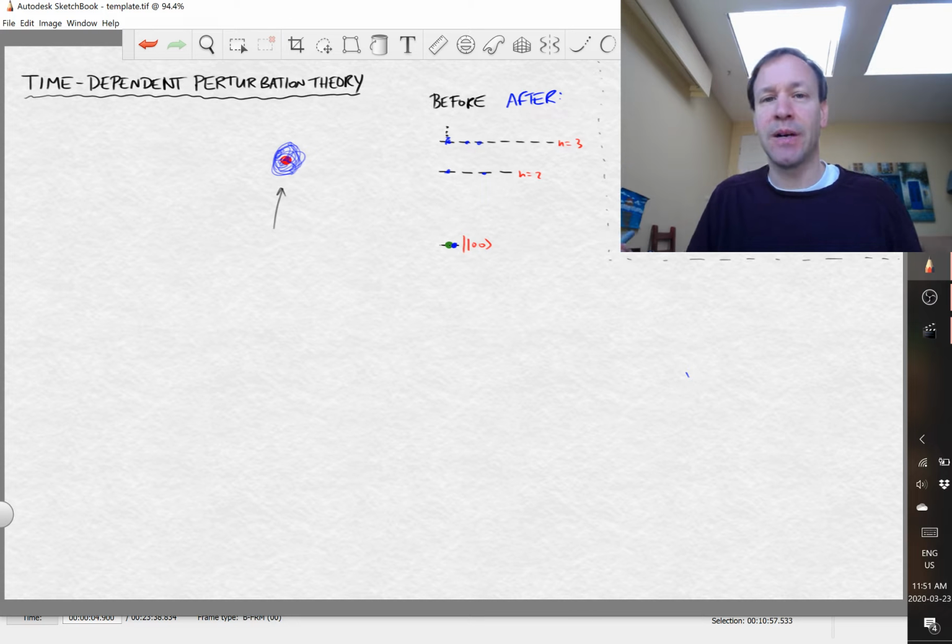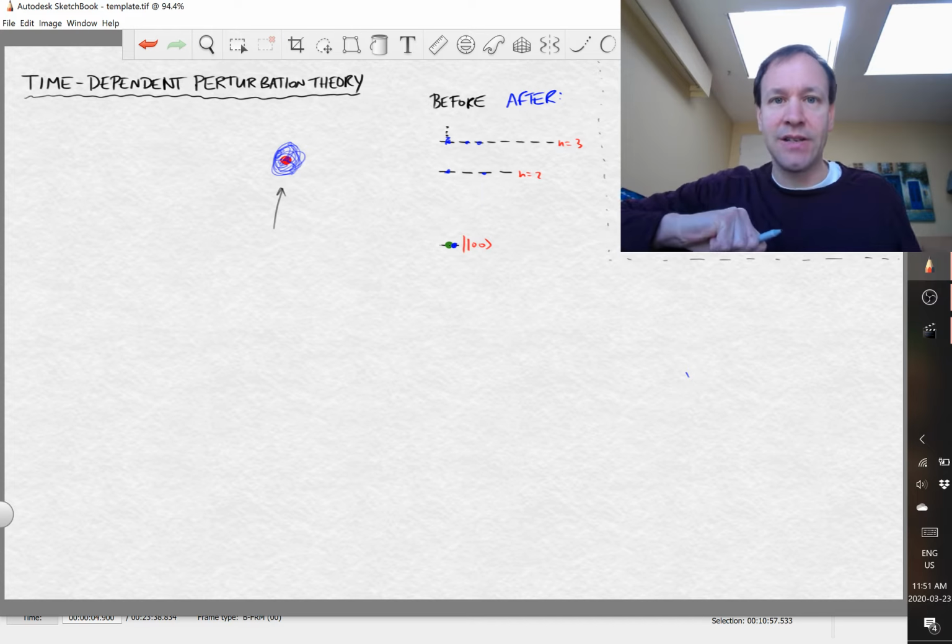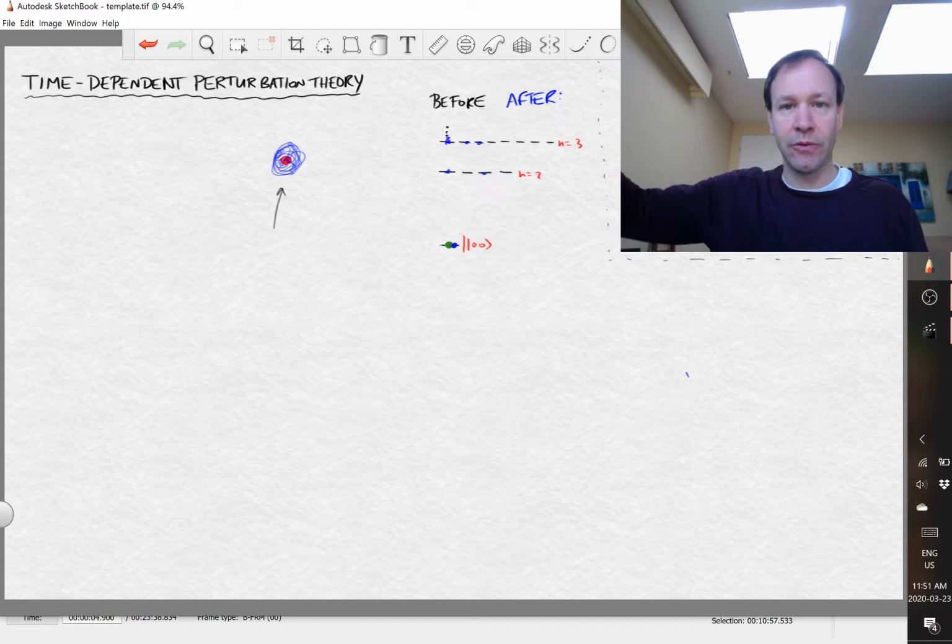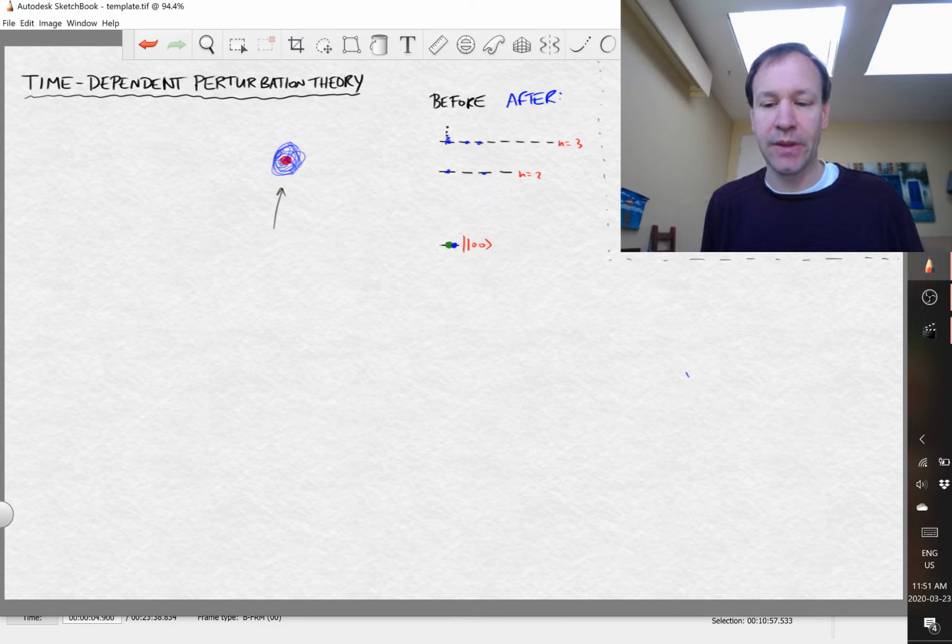Maybe there's even some probability that the electron absorbed enough energy from this electromagnetic wave to leave the proton altogether, and so there could even be some part of the linear combination that would include a free electron. Okay.